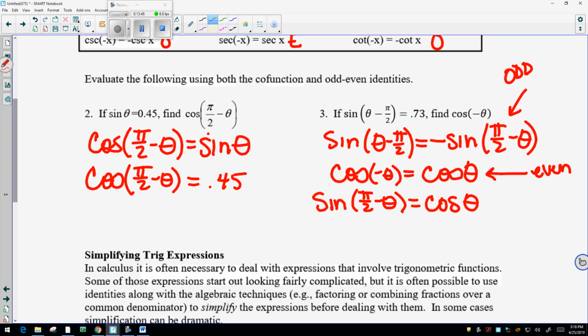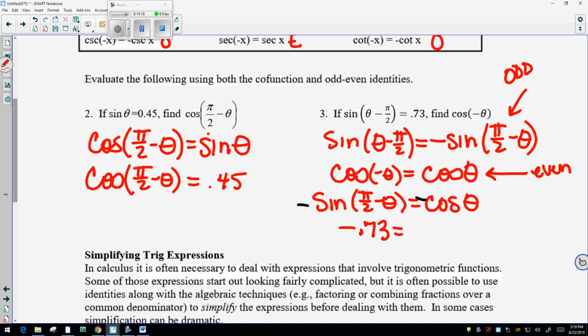All right, well, if I negate sine of pi over 2 minus theta, then I'm probably going to have to negate cosine of theta. Okay, so sine of pi over 2 minus theta, well, that's really, remember, equal to this, which is equal to 0.73. But I had to negate it, so I have to negate this. Okay, so what do we know?